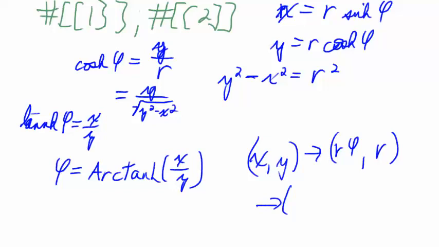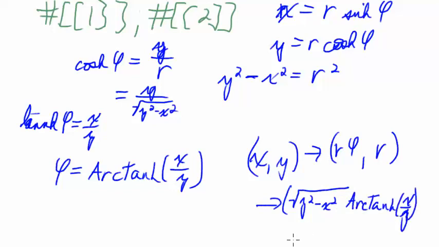R is square root of y squared minus x squared, times phi, which is arctanh of x over y, and then comma r is square root of y squared minus x squared.